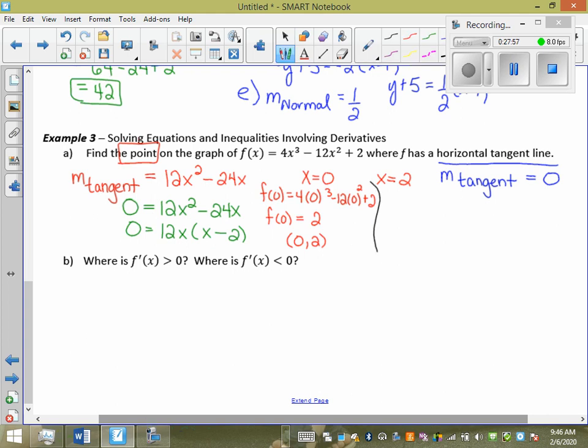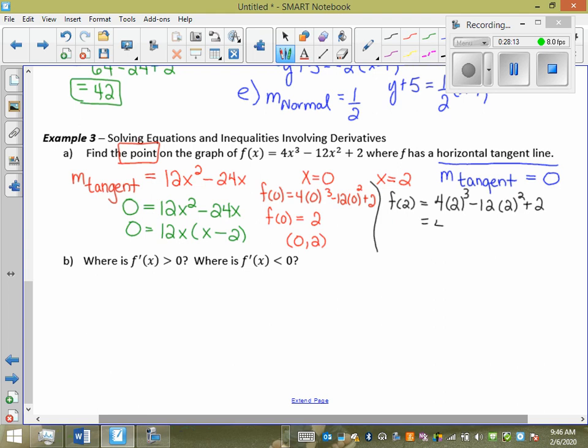And then my other one is that f of 2 equals 4 times 2 cubed minus 12 times 2 squared plus 2.